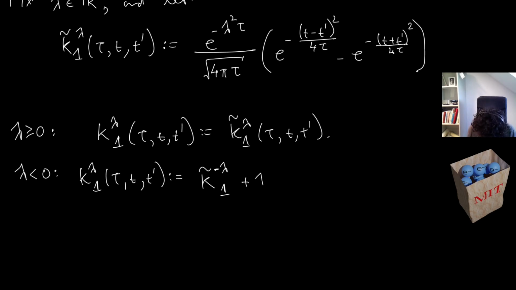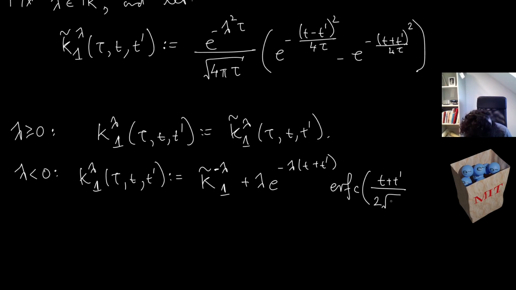And the error term now, or the term to produce this lambda out the front, is precisely this, right? T prime, and then we have the complementary error function of t plus t prime divided by 2 square root tau minus lambda square root tau.